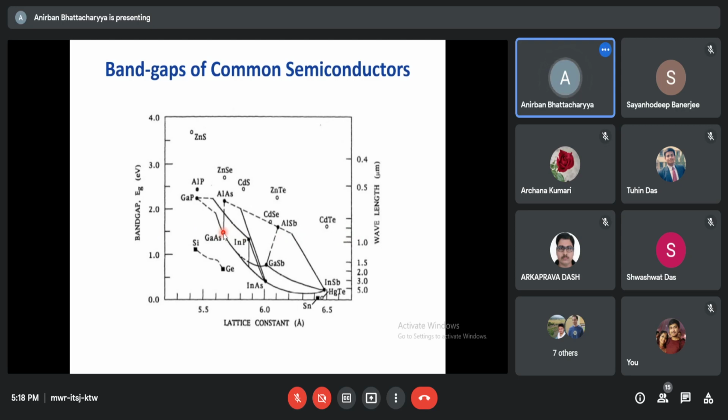So this will emit light with a wavelength of about 0.9 micrometers, which is 900 nanometers. Now, aluminum arsenide has something like 600 nanometers. Can you see that? This is 0.5 micrometers. How much is that in nanometers?